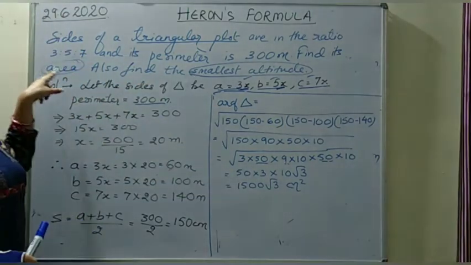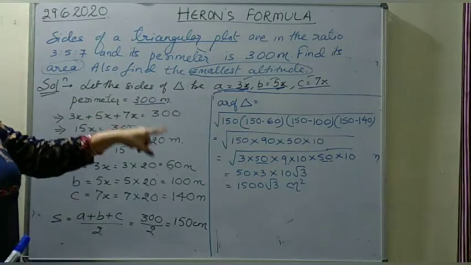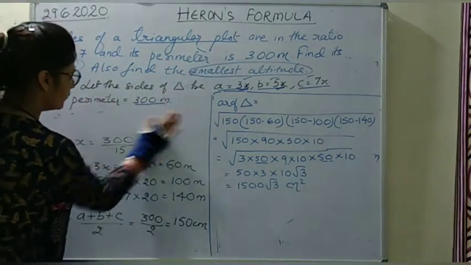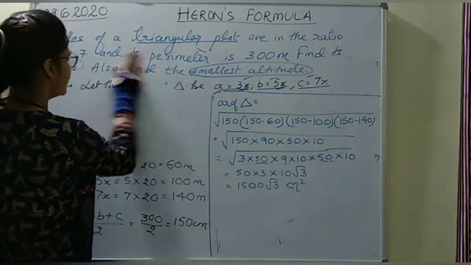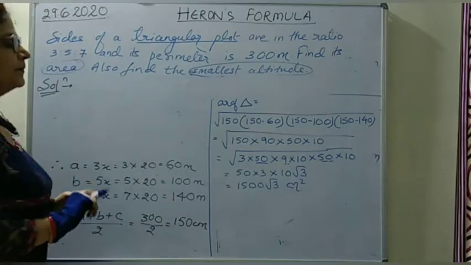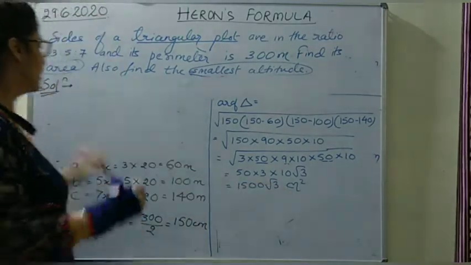What was asked? Find its area. So how much area of the triangular plot did we get? The area of the triangular plot is 1500 root 3 meter square.